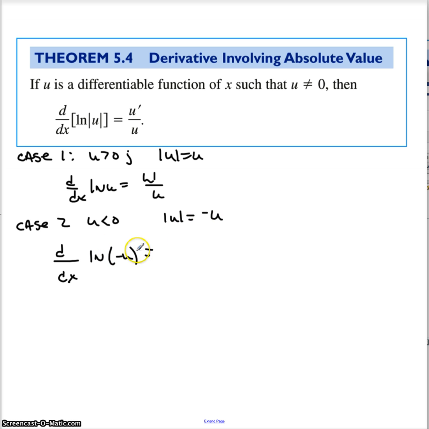Well, this is 1 over minus u times the derivative with respect to x of minus u, so that's minus u prime. I forgot my prime there. So this is u prime over u. So as long as you stay away from u equals 0, you're in good shape.